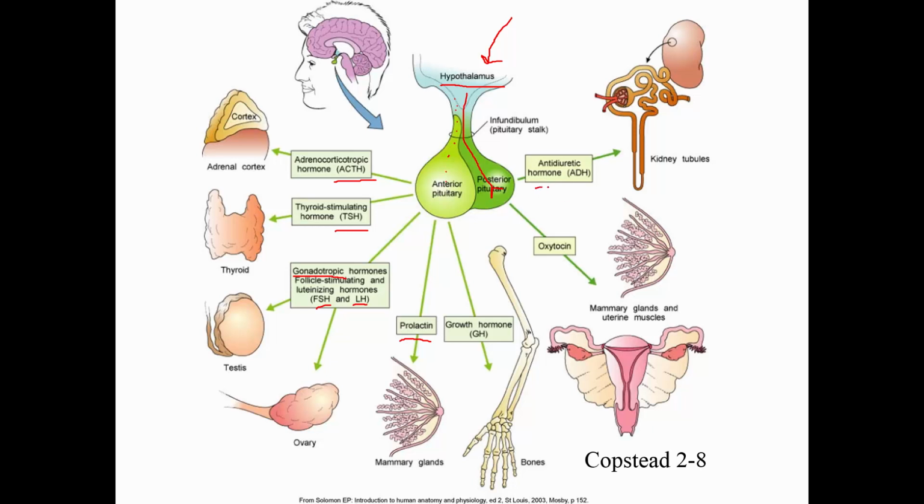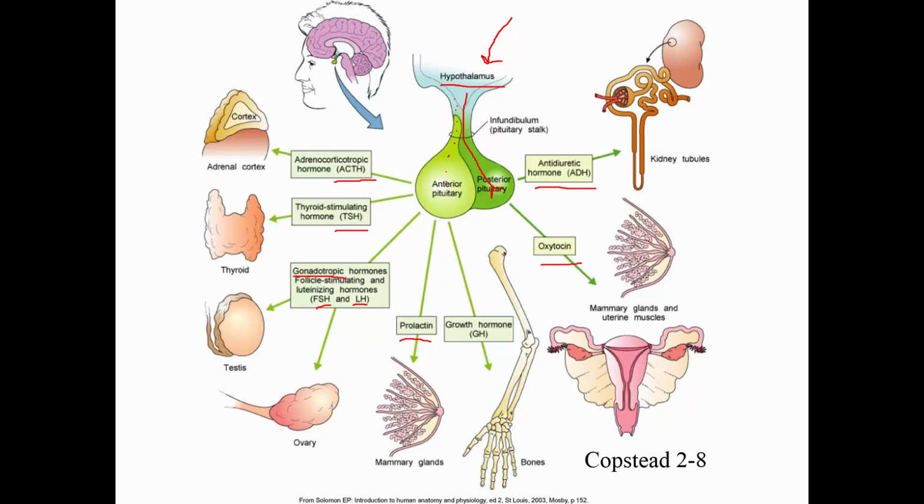We have talked about one, ADH, or antidiuretic hormone, working on the collecting ducts to favor the reabsorption of water, and then oxytocin. Oxytocin has a number of functions: milk letdown and contraction of the uterus in labor and delivery.